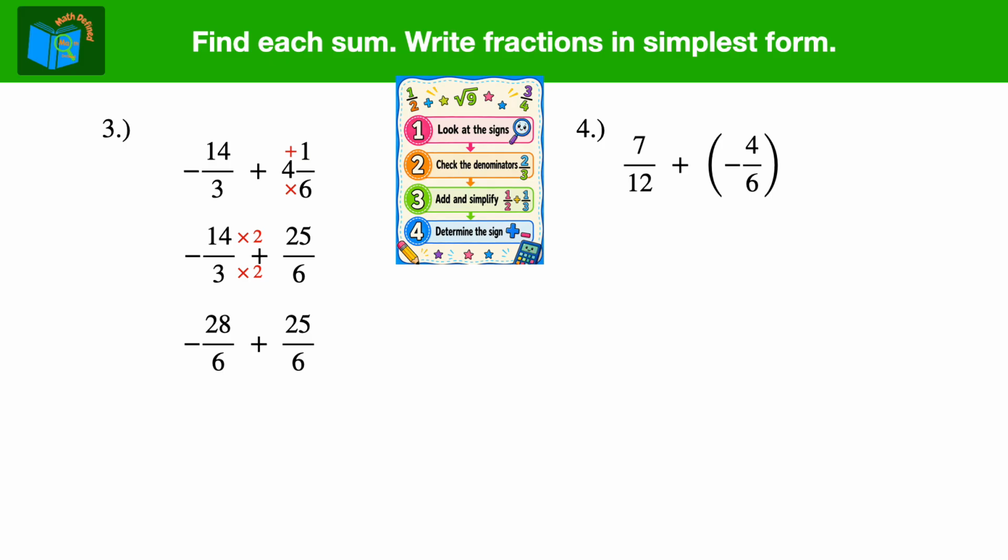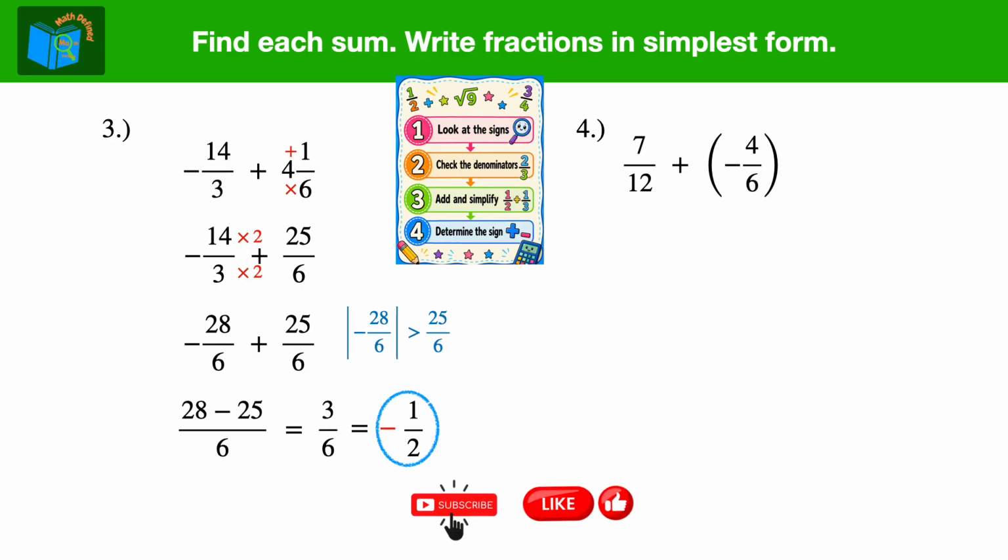Since the signs are different, we'll subtract the numerators to get 3/6, which will simplify to 1/2. To determine the sign, we'll compare the absolute values. The absolute value of negative 28/6 is greater than 25/6, so the sign is negative, negative 1/2.